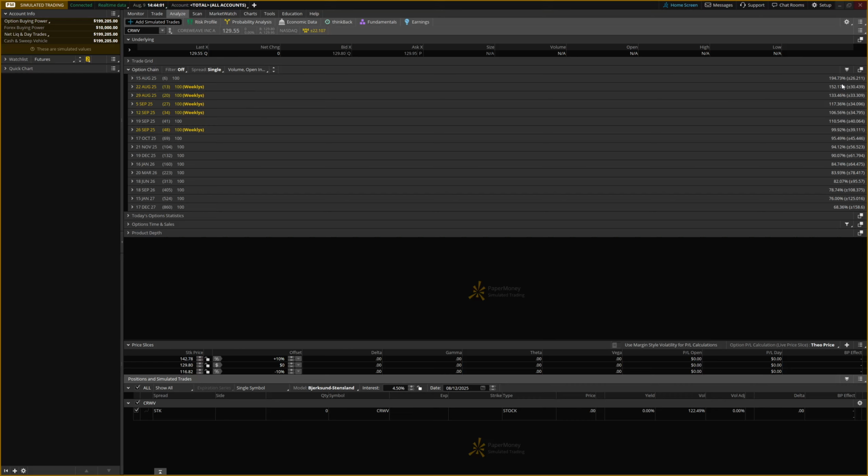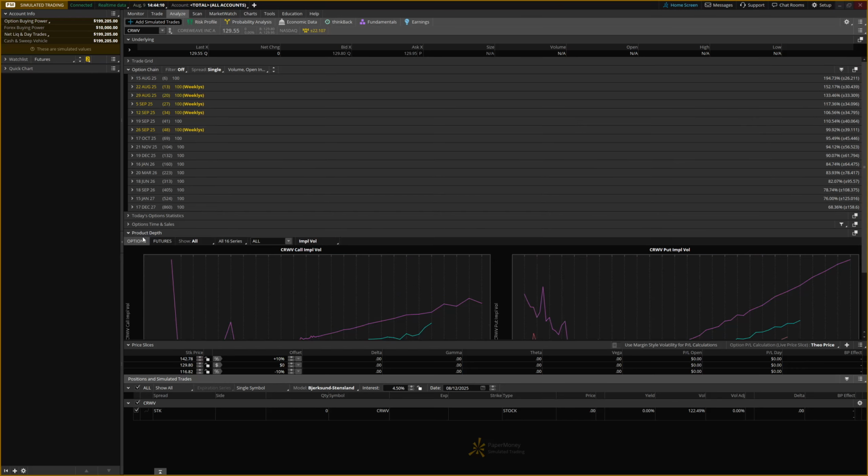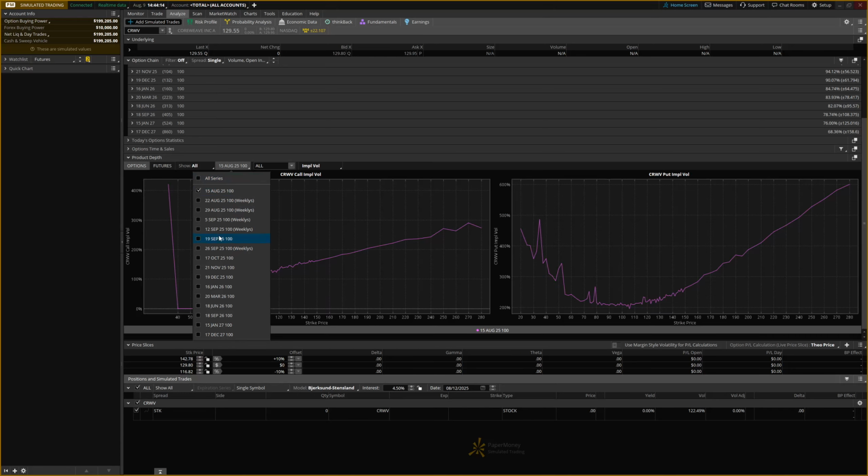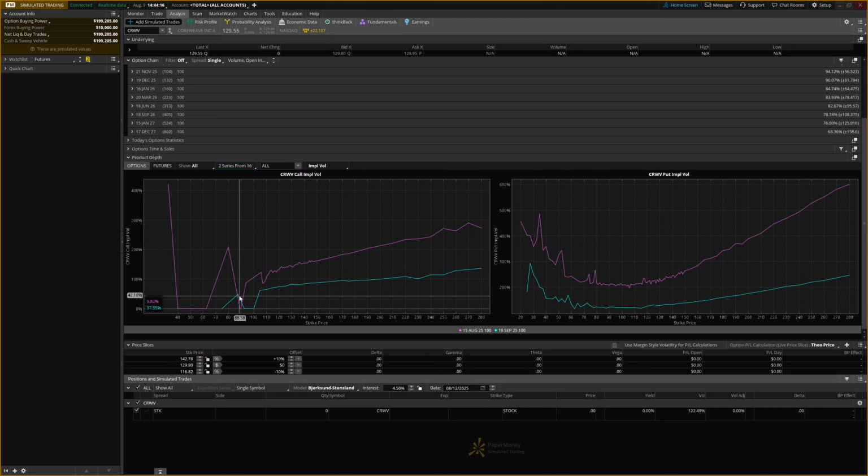You want to see high IV in the weekly. Well, this is the monthly, but usually it's the weekly. You want to see high IV, and then you want to see the old vol skew slash smile.